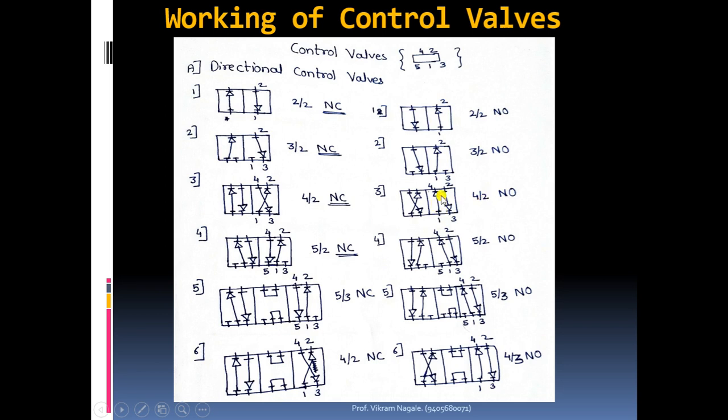Then this is 4 by 2. Air is going in this way to port 4 and output side ला जी काही एअर आहे at port number 2, that will come back to port 3. Now here जरी इथे क्रॉस झालेले दिसले तरी ते क्रॉस नाही, they are in front of each other.